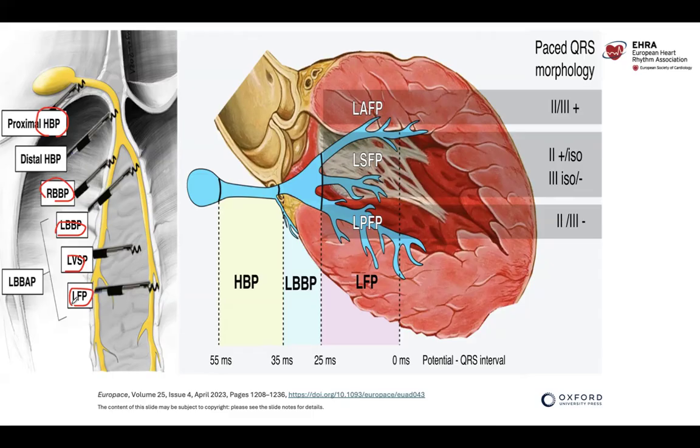Collectively, left bundle branch area pacing is when you pace the left bundle branch, or the left ventricular septum, or the left fascicular bundle. And there are specific ECG differences between them that we will not go into.